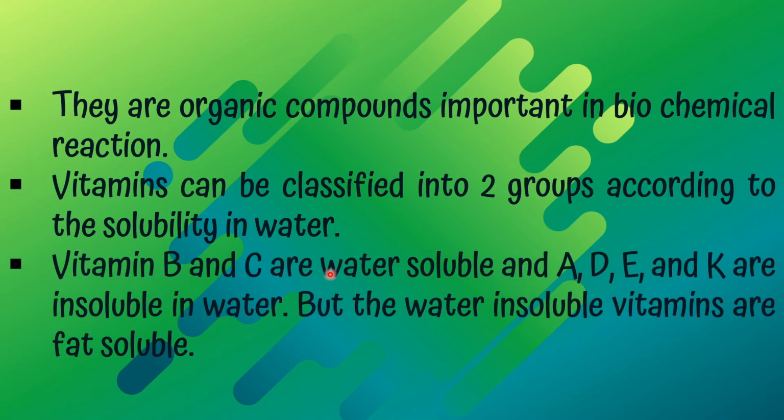Vitamins B and C are water soluble and A, D, E and K are insoluble in water. The water insoluble vitamins are fat soluble. You must remember this. That means vitamin A, D, E and K are fat soluble but not water soluble.